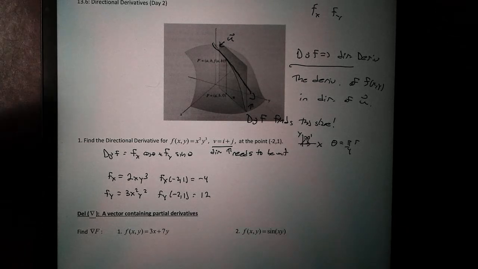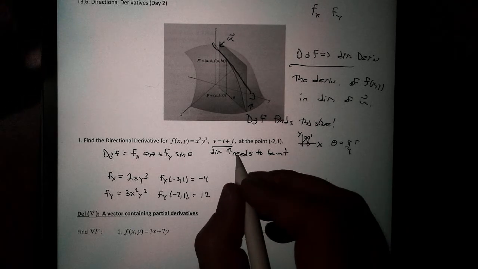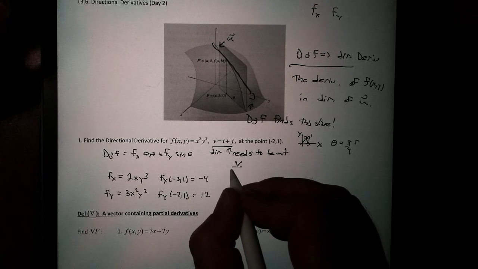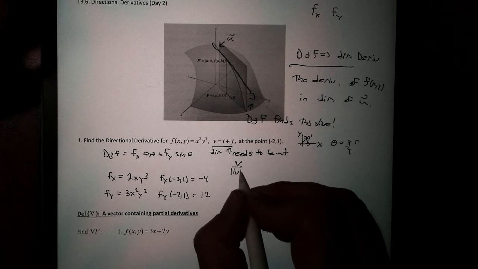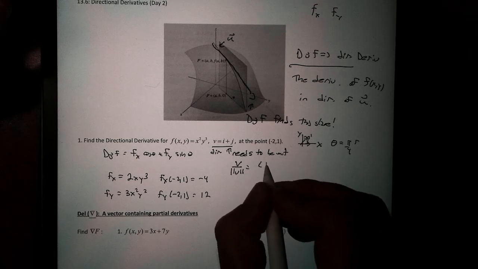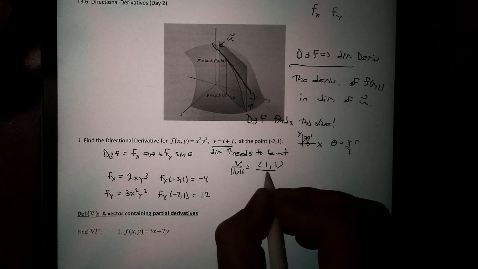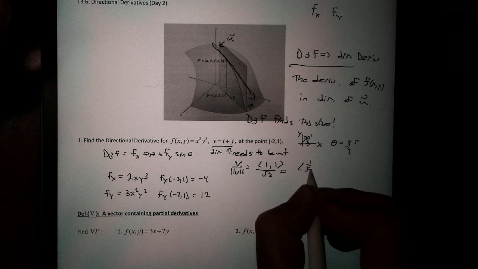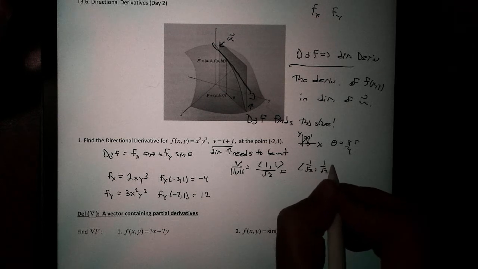So let's go ahead and do that. We're going to take v divided by its magnitude. That becomes 1, 1, all over the square root of 2. So we get 1 over root 2, 1 over root 2.